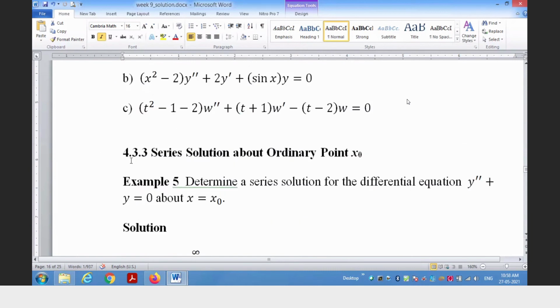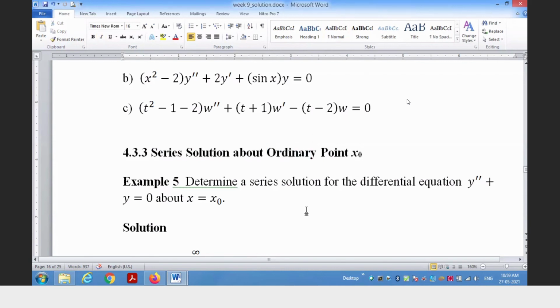In 4.3.3, we want to find the solutions about ordinary points x naught, whereas in 4.3.4, we want to find the series solution about singular points. Now we focus on series solutions about ordinary points x naught.